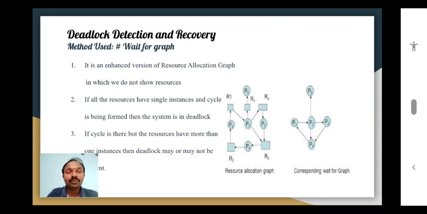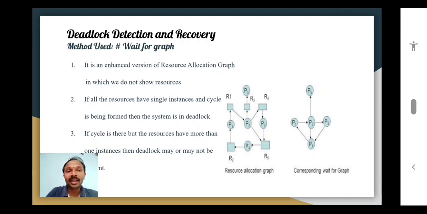And if there is a cycle, then the processes are going into deadlock, that we already know. But in the resource allocation graph diagram, because there are many processes and many resources, the dependencies amongst the processes cannot be observed. So we are eliminating the resources from the resource allocation graph, and this will automatically generate the wait for graph.